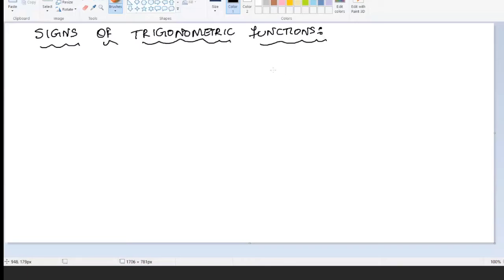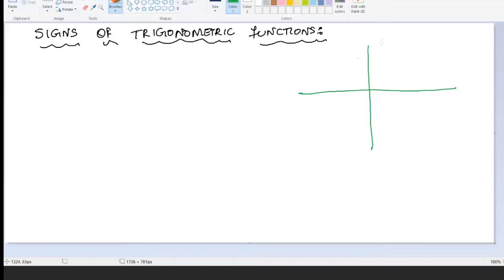Now for this, once again, let us draw quadrants like this. Let us draw the 4 quadrants once again, the x-axis and the y-axis, the graph we will draw. So now this is the x-axis and y-axis.